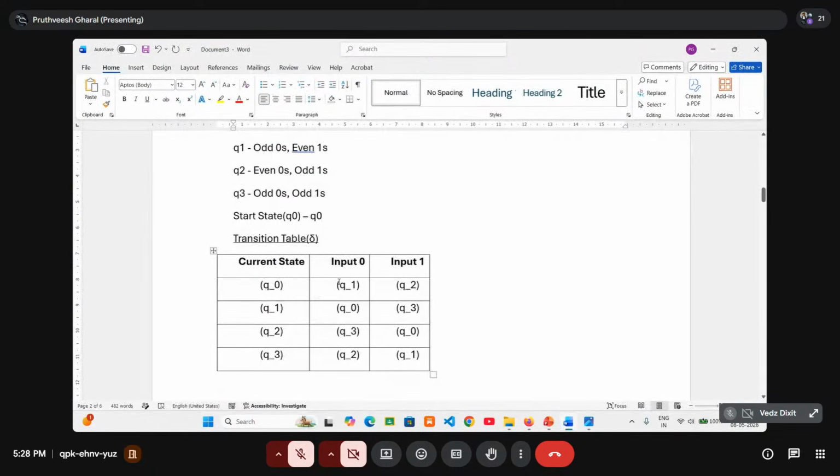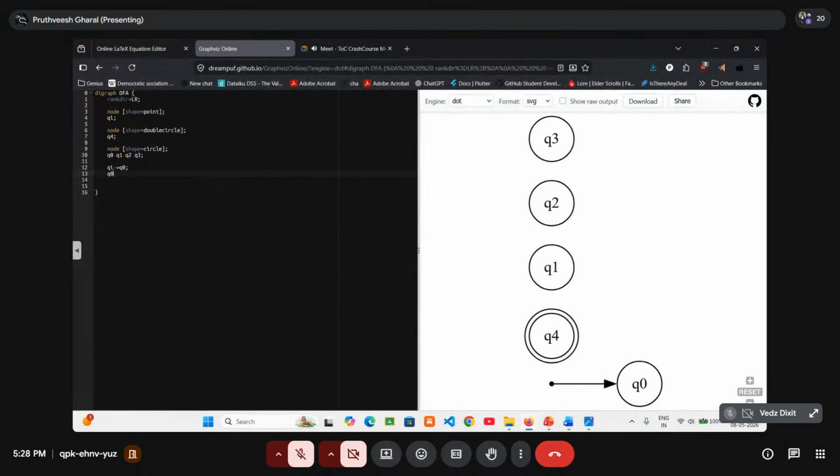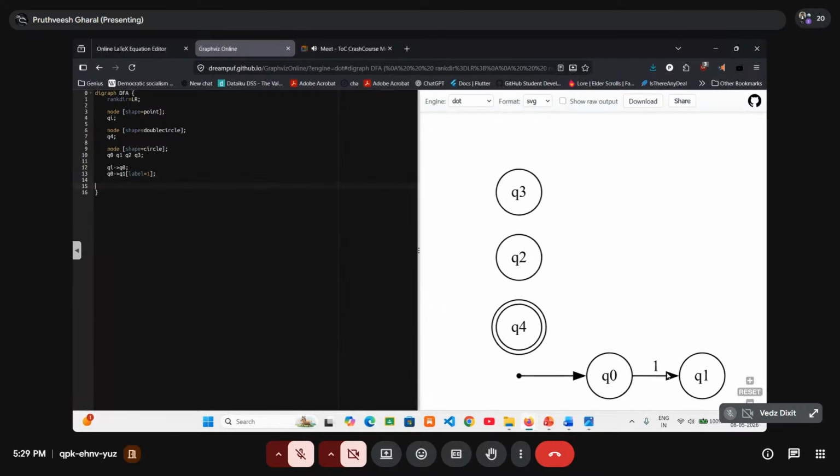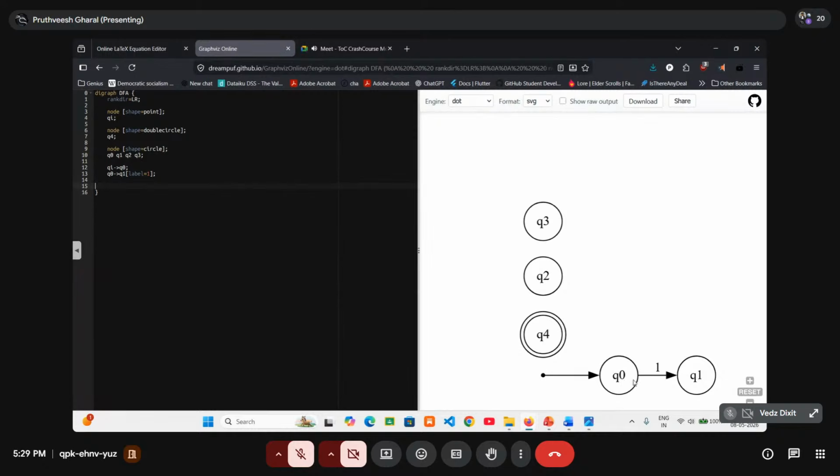Next, we have to see on input 0 where it will move. Here we defined Q0 as the start state.